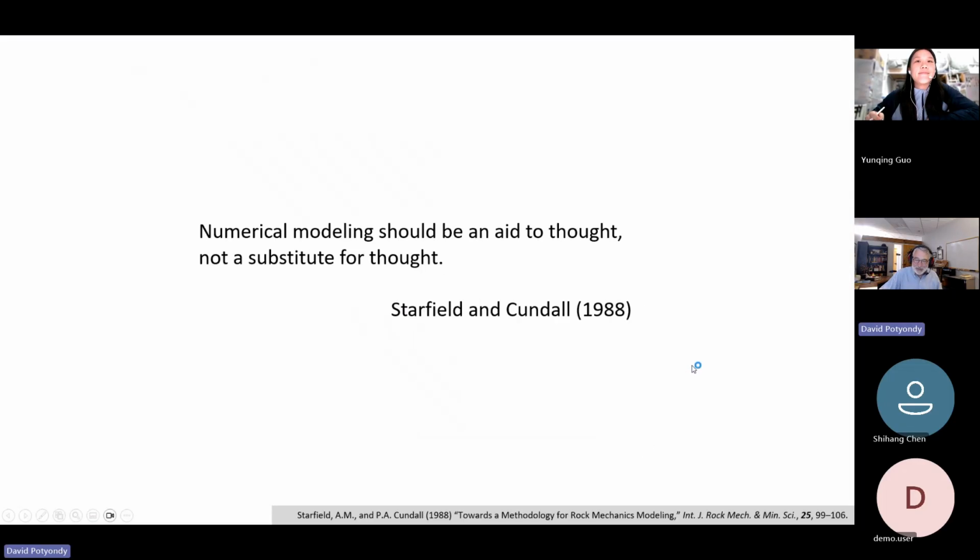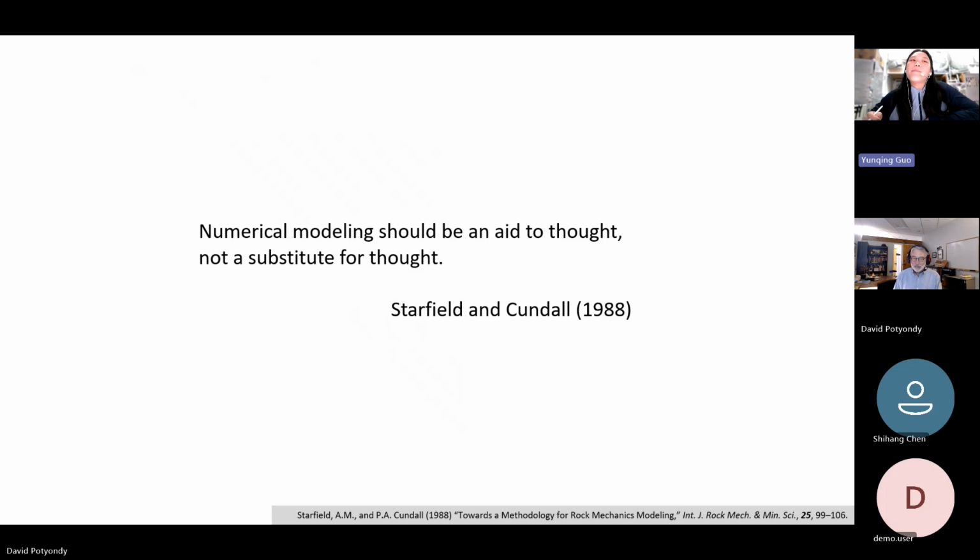All right. We'll begin with a thoughtful quote. What do you think this means? Well, numerical modeling should be an aid to thought, not a substitute for thought.